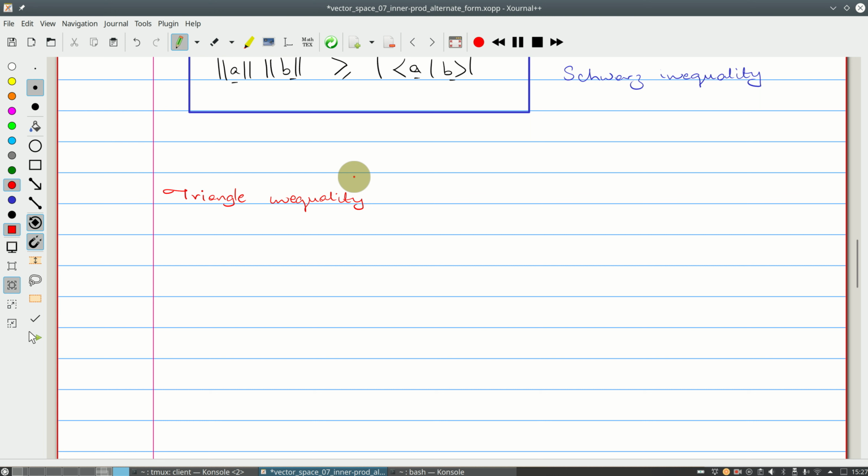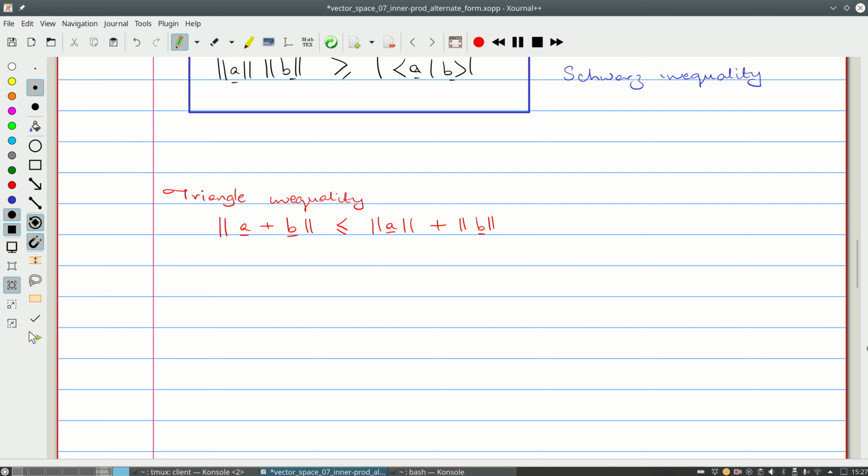And what this states is for two vectors A and B, the norm of A plus B is less than or equal to the norm of A plus the norm of B. And once again, you will find this quite useful in your quantum modules.